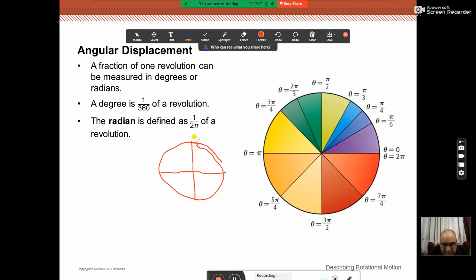This arc represents 1/4 of the circle. If we're going to find the length of this arc according to linear motion, it will be 1/4 of the circumference. To find the distance, 1/4 circumference.